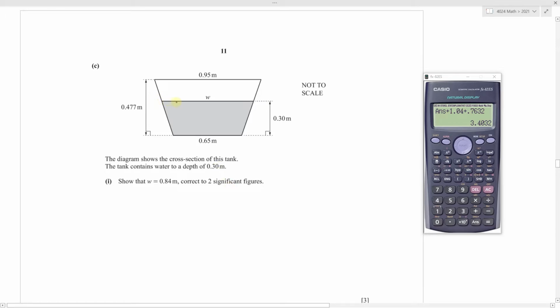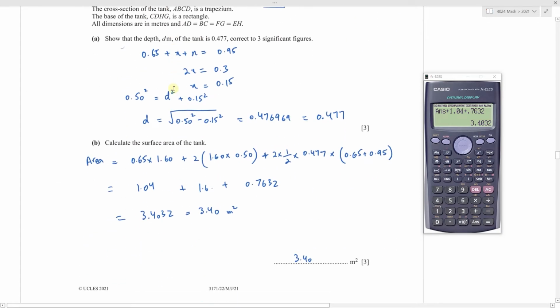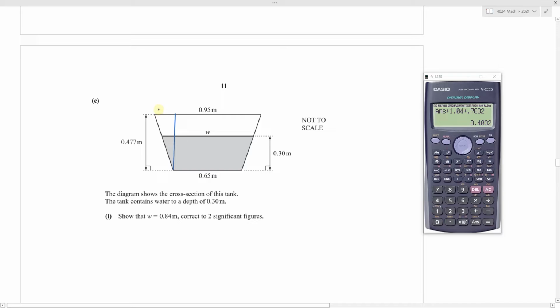So you have to find this value, which is W. Now, if you look at the triangles that we had in the previous part, this one, you have 0.15. This length here is 0.15 up till here. And this is the depth D, which was 0.477.